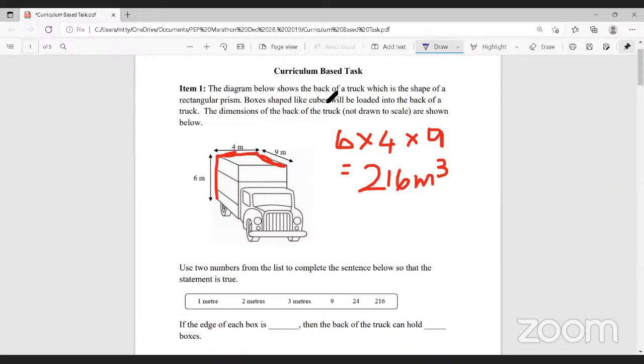So that is something we must think about first, because we're now going to be talking about the boxes which are shaped like cubes. What do you know about a cube? So yes, we know a cube is a solid, but what do we know about the dimensions of a cube?